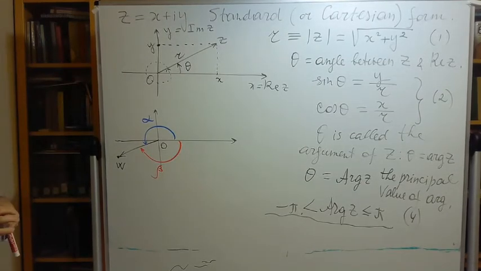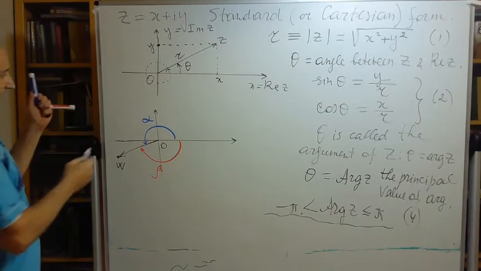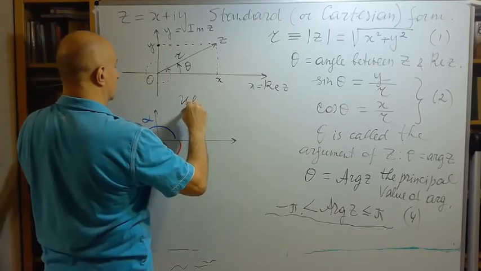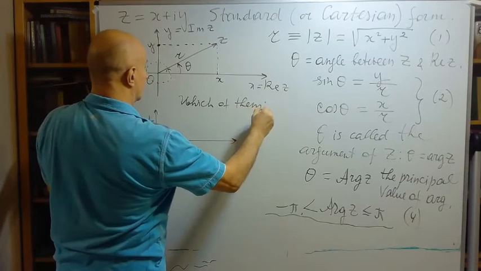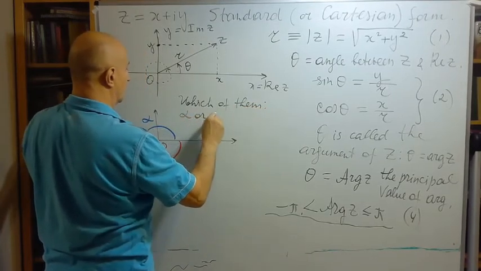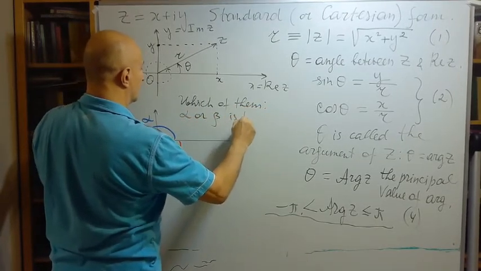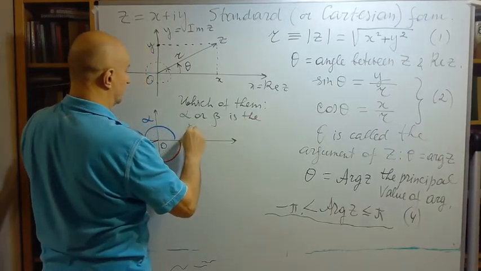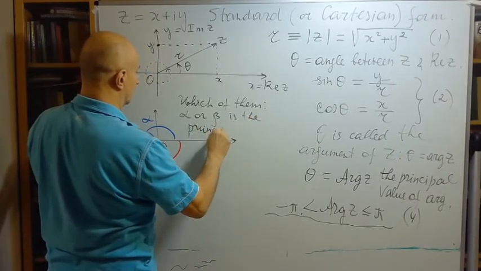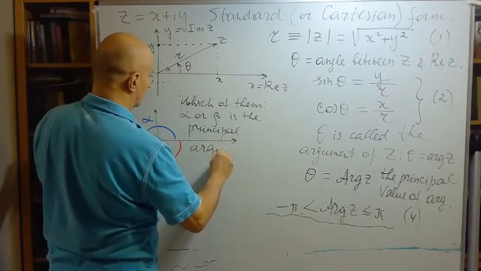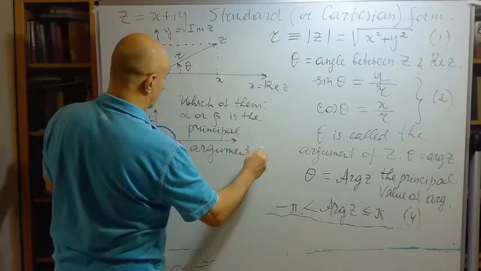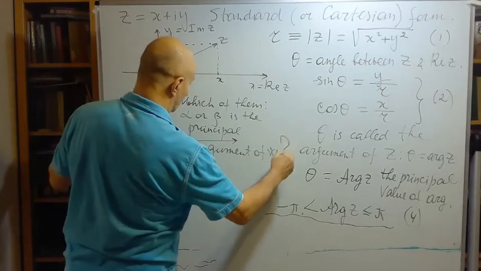Which of them, I can ask a question, which of them, alpha or beta, is the principal argument of w?